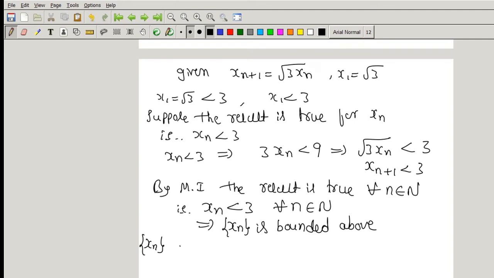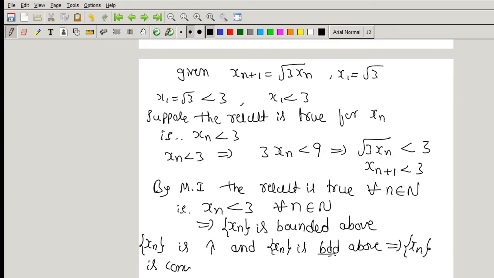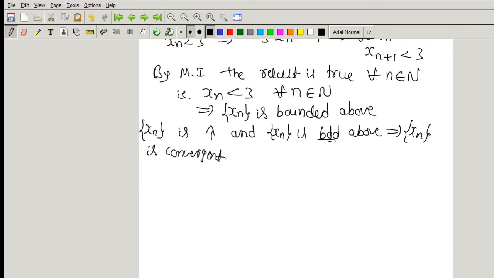Here xn is monotonically increasing and xn is bounded above, which implies xn is convergent. So up to now we have arrived at the convergence of the sequence.